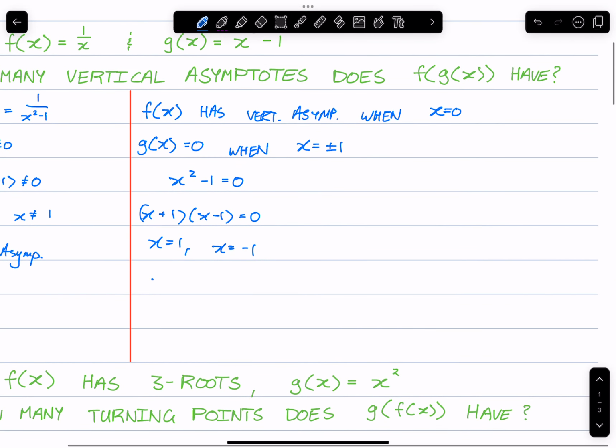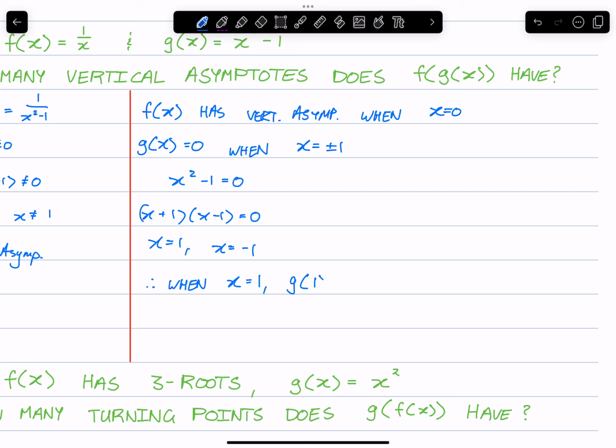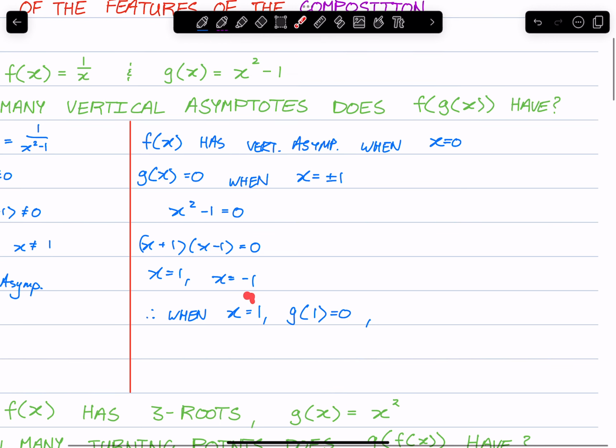So therefore, when x equals 1, g of 1 equals 0, and then, so follow that along. So when x equals 1, we substitute this first into g.